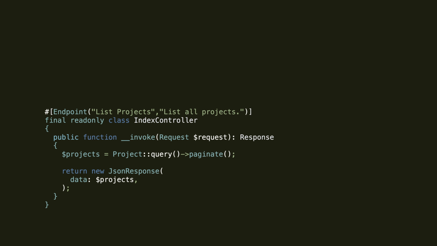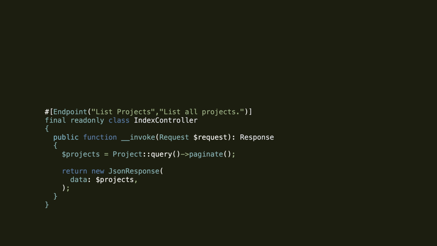The first annotation I'm adding here is called Endpoint, and what that will do is it will tell Scribe that the action on this controller is for listing projects, and then we can pass through more of a description. So for example, list all projects.